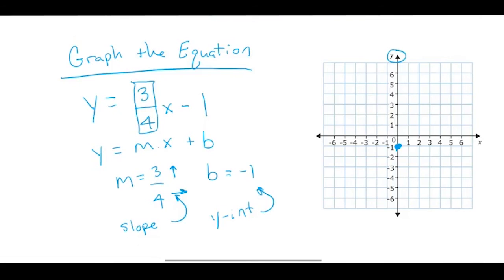So from this point, I'm going to go up 1, 2, 3, and I'm going to run 4 to the right. 1, 2, 3, 4. I got my second point, and then I get my straight edge. I'm going to draw a straight line. All right, make sure to extend it beyond the 2 points and put arrows on the ends to show that it goes on forever. And that's how you graph the equation y equals 3/4 x minus 1.